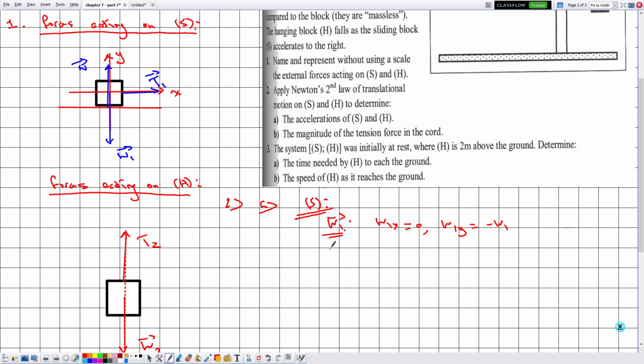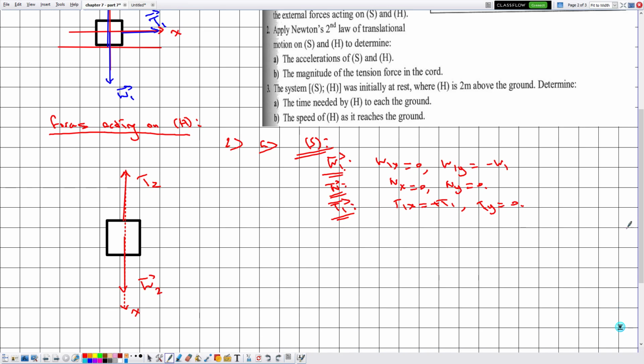As for the normal N, we have Nx is 0 and Ny is plus N. And as for the tension T1, T1x is equal to plus T1, and T1y is equal to 0.